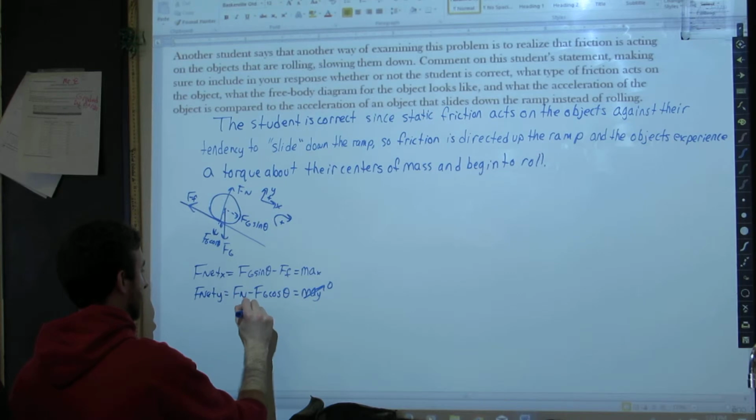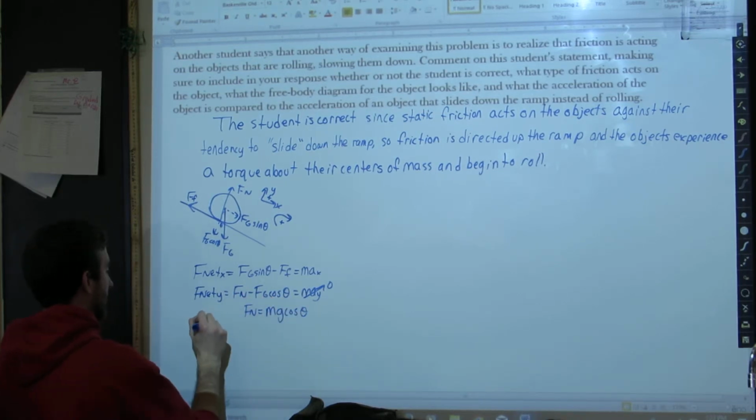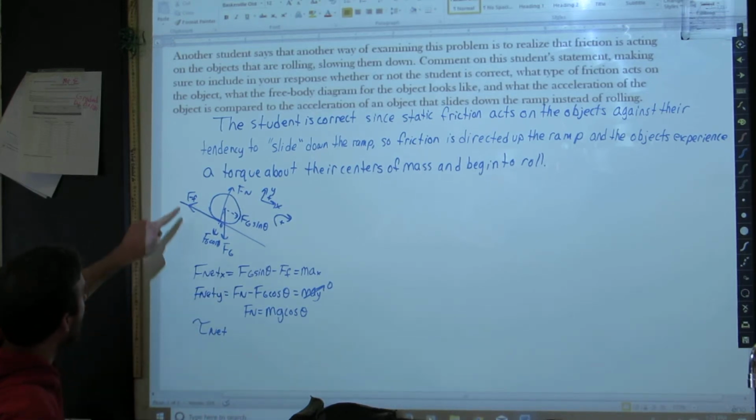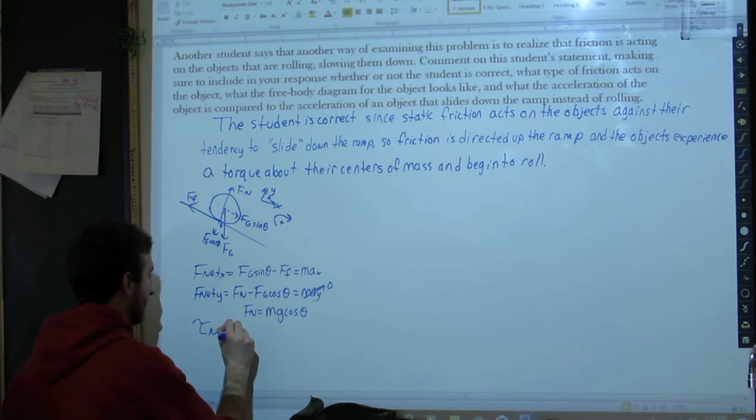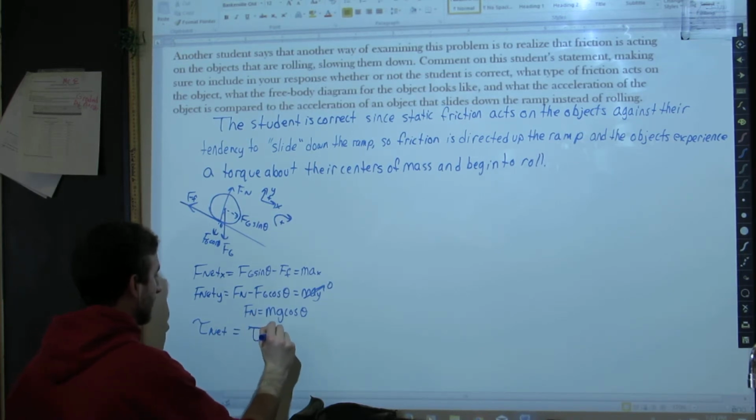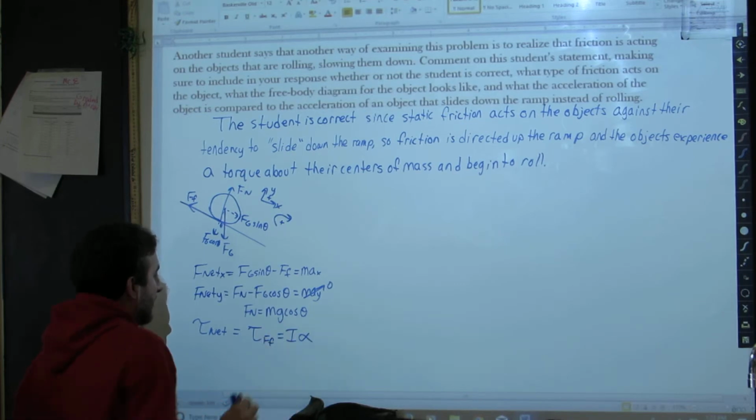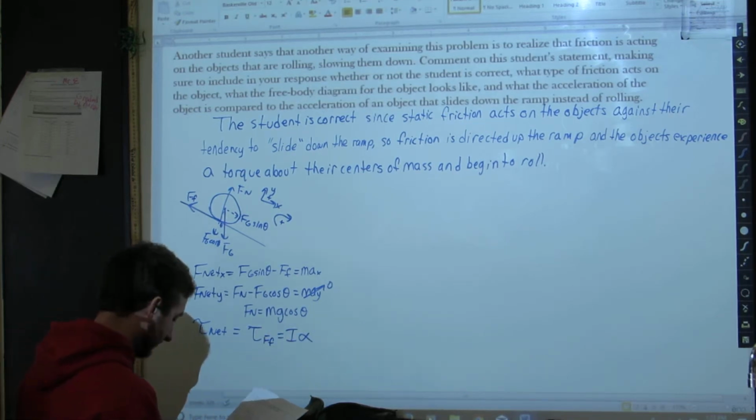It's not accelerating though, so the normal force is just mg cosine theta. And we can also do the net torque. The only force, just like in the previous example, causing a torque is the force of friction, equals I alpha.